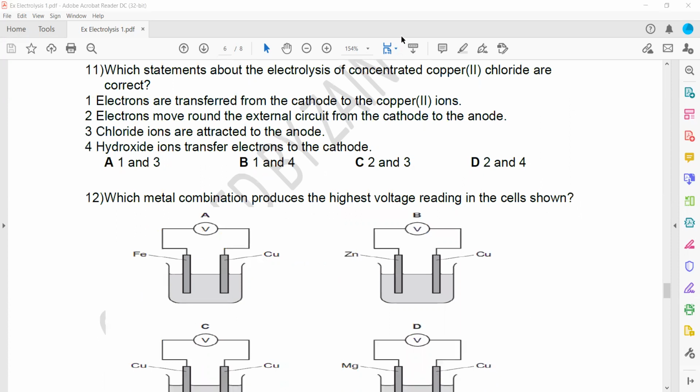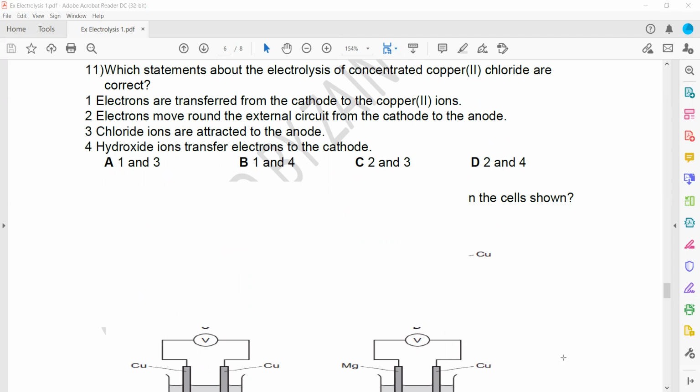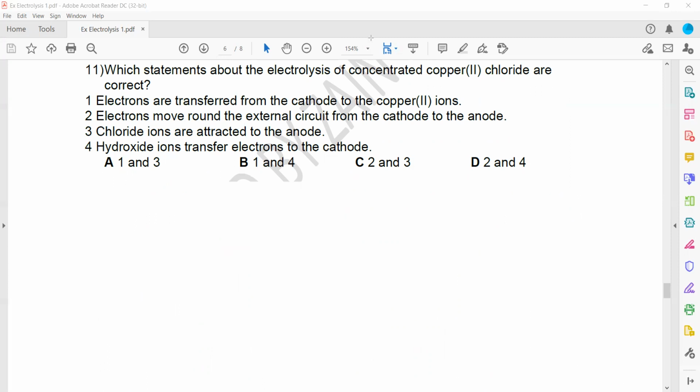Which statement about electrolysis of concentrated copper(II) chloride is correct? So when we are doing the electrolysis of copper(II) chloride, the concentrated solution, we have the electrodes made up of graphite or platinum.